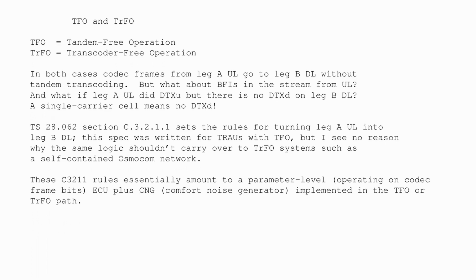Even if Alice and Bob were both customers of the same GSM operator, in the same town, perhaps even served by the same BTS, the call from Alice to Bob would still pass through a TRAU on each leg, and then in the core network it would be switched, presumably by the MSC, at the 64 kilobits per second level.